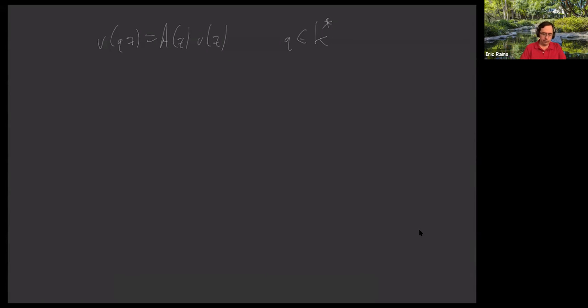And then there is something called a Q hypergeometric function, and it satisfies a second order Q difference equation. And that second order Q difference equation is rigid.